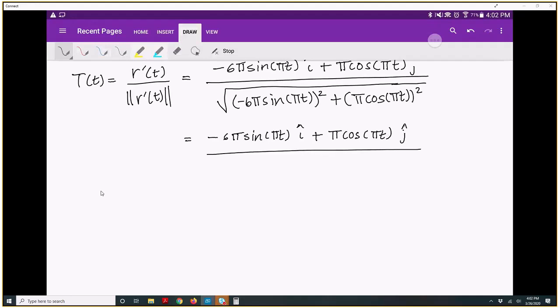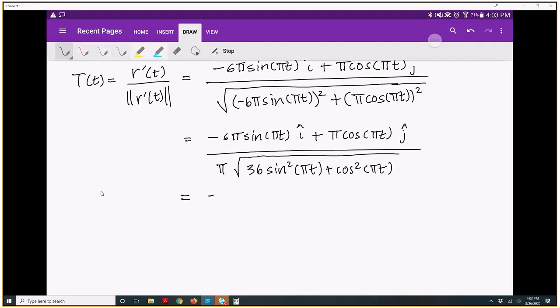And on the bottom, we're going to get pi squared in both places. So let's go ahead and pull pi out of our square root and just say we have 36 sine squared of pi t plus cosine squared of pi t, then that pi will cancel with the top.